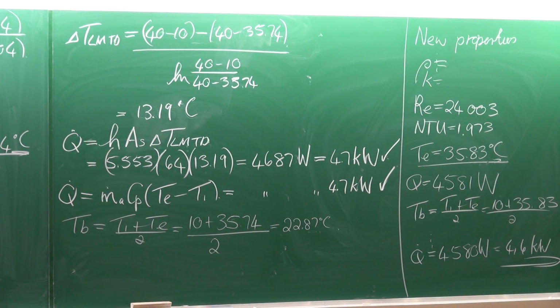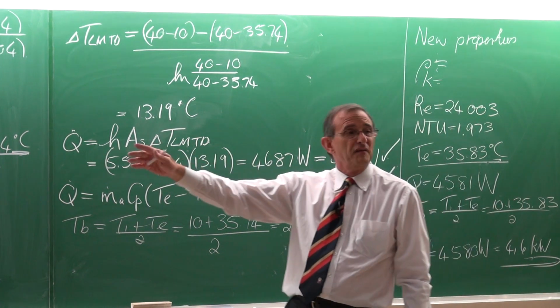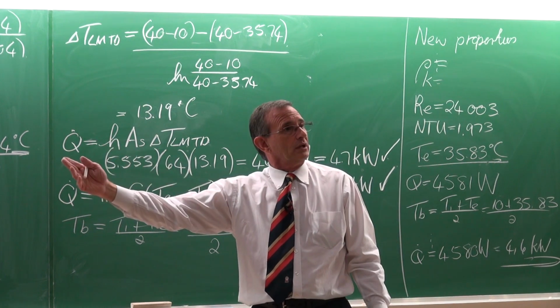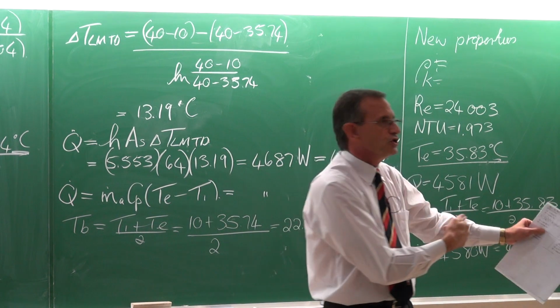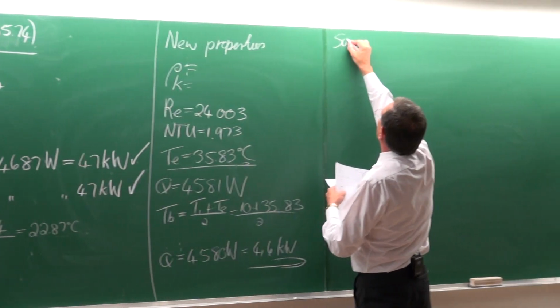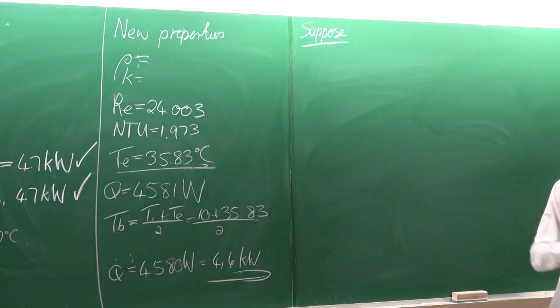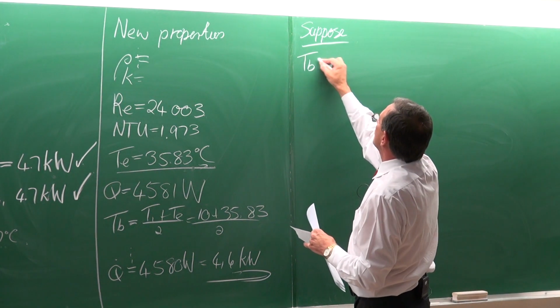Okay? But now you might say, well, maybe it is because you've selected 15. What if I selected 10, or if I selected 40? Because some of you can do that. We've done it previously. I'm going to show you the results for that also. So suppose you've done the calculations by selecting a bulk temperature of 10.